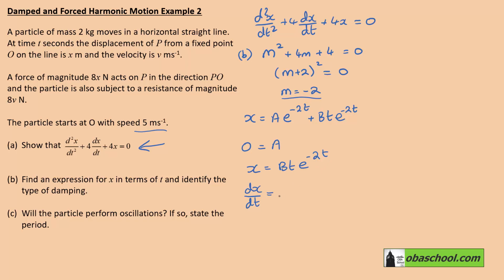So this one times this differentiated gives us b e to the negative 2t. And then we've got this times this differentiated gives us negative 2b t e to the negative 2t, and then that's equal to 5 when t is 0 gives us b is 5. So we finally have that x is equal to 5t e to the negative 2t.